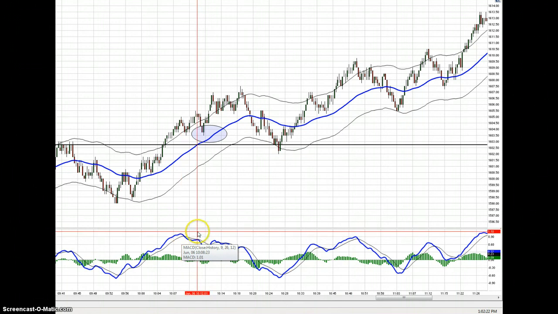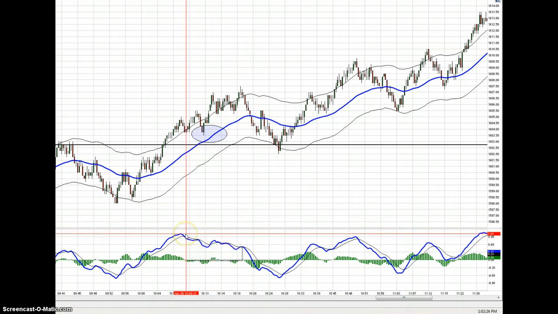Now, one of the problems with trading divergences is they're not always super clear. So there is a judgment call that you have to make. But generally what you want to do is it's either higher or it's not. If it's not higher, don't take the trade. You only want to take trades that are clearly meeting your criteria.